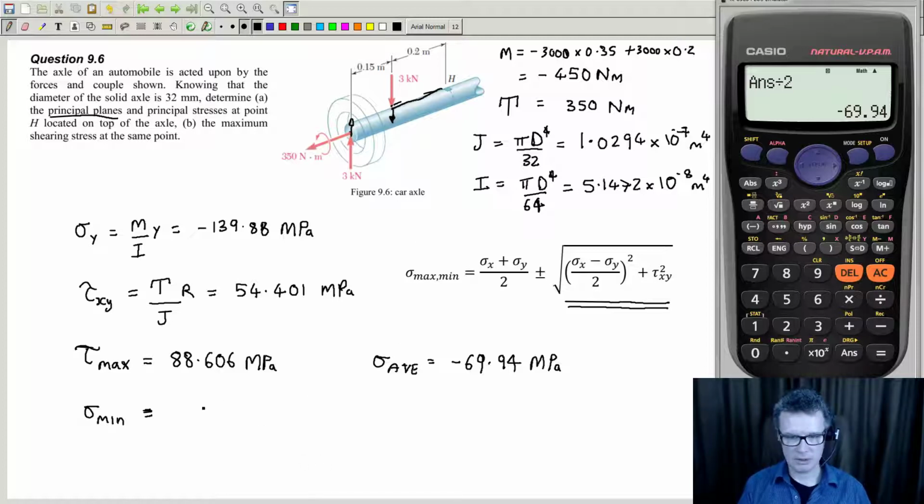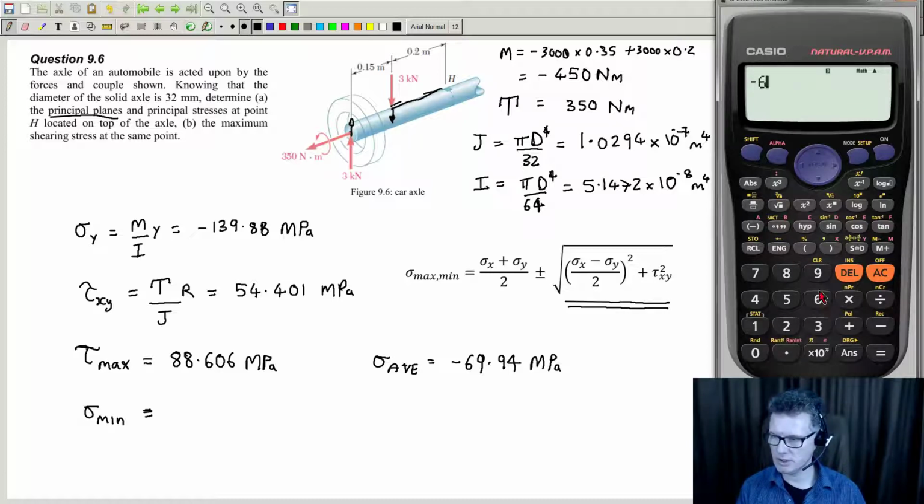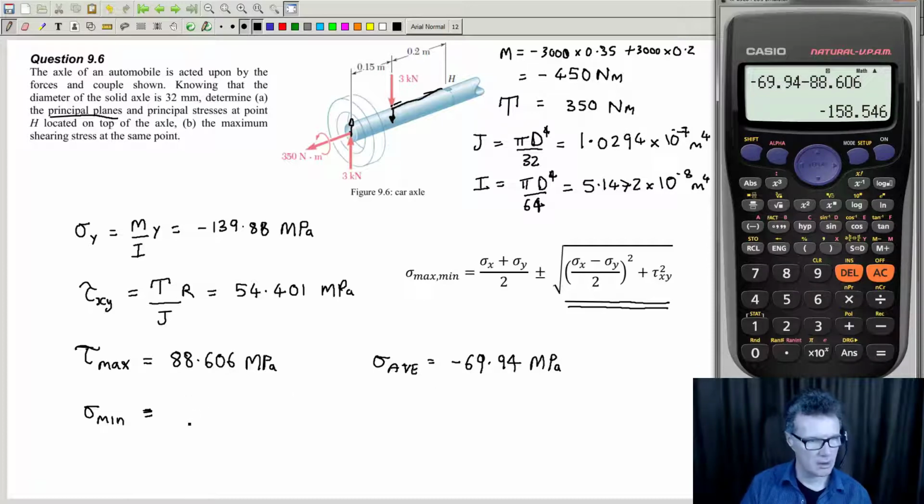Okay, so the minimum is going to be given as, type that number in so I can reuse it, 69.94 take away 88.606 equals minus 158.55 megapascals.